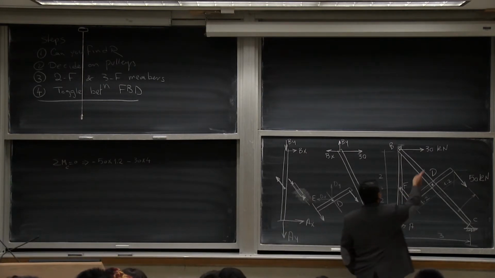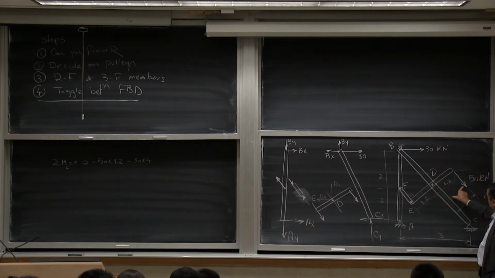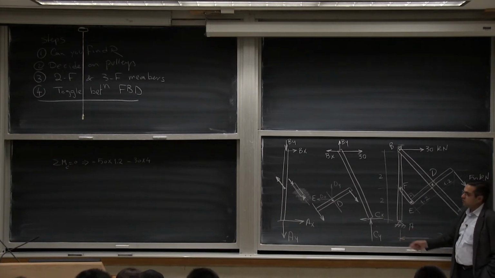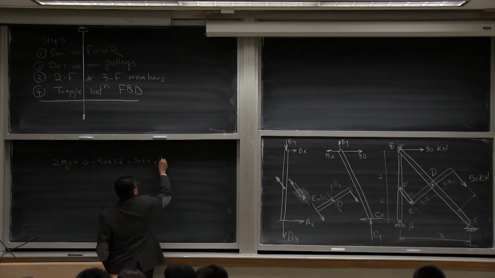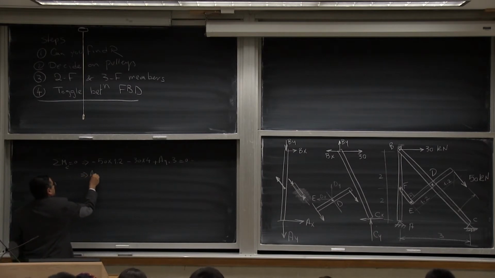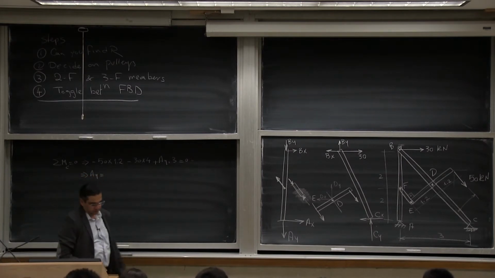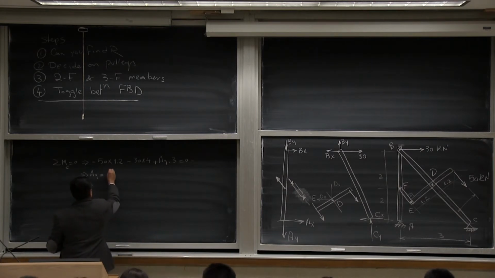Remember, I'm dealing with this free body diagram. I did not dismember anything yet. So I have the moment of this, the moment of this, and then finally the moment of this, which will be AY multiplied by 3 equals 0. That will give me AY to equal 60.